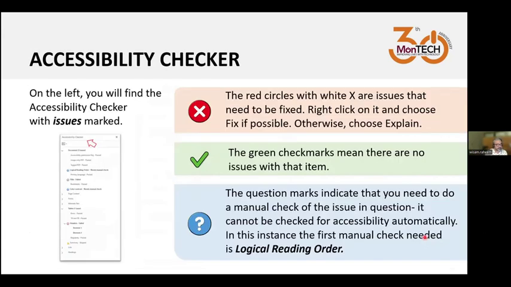After going through the accessibility check, you will see this report. And it will show you if there are any issues in your document or any easy fix that you can do. And you can see 3 different kinds of icons.